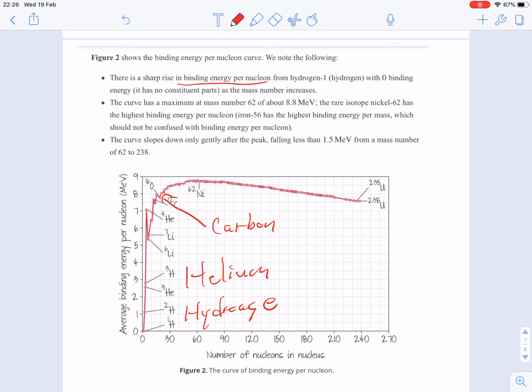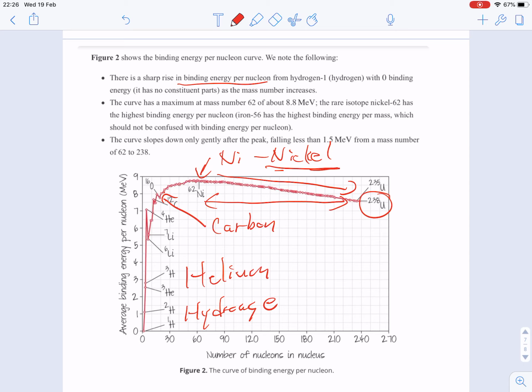We're reaching pretty high right now, and then it's peaking around Ni, which I think is nickel, and then it starts to drop after that. For any elements heavier than nickel, the amount of binding energy actually starts to decay, and you can see uranium 238 is roughly about the same amount of energy as carbon.